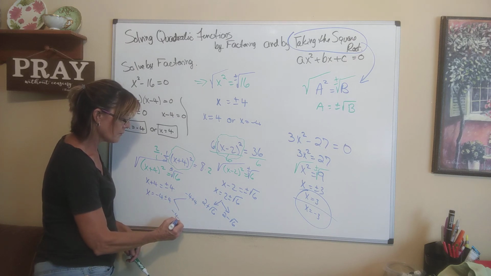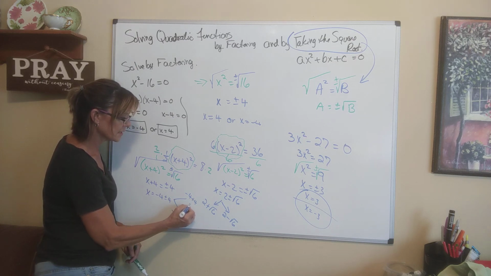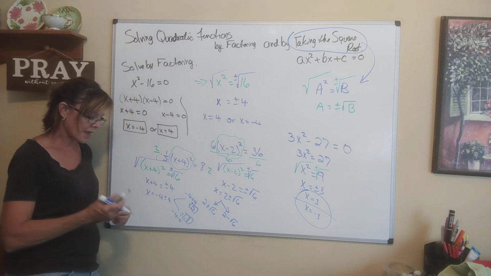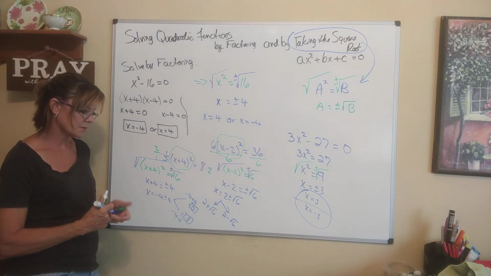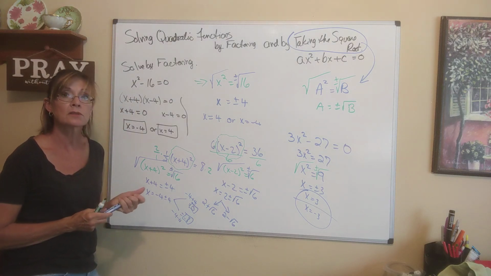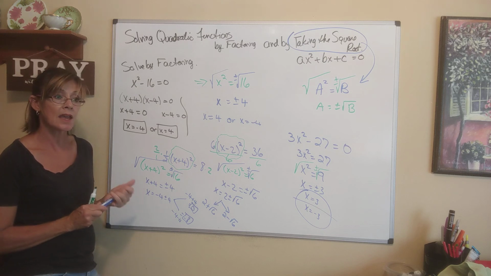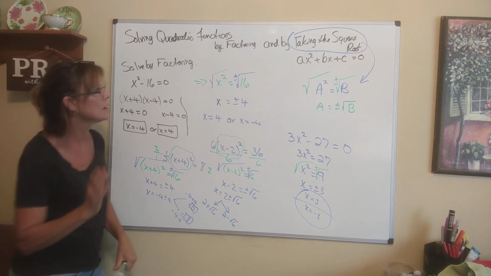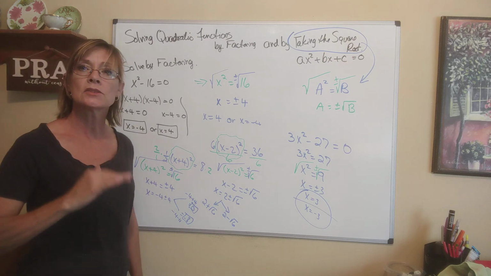Negative 4 minus 4 gives me negative 8. Again, the answers that we get have names. They are called solutions, roots, x-intercepts, and zeros of a function. So keep that in mind, because that will become a big part of something that we see in just a little while.